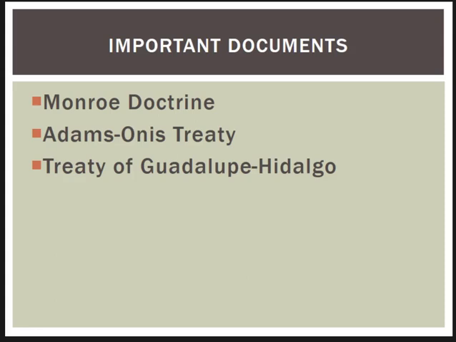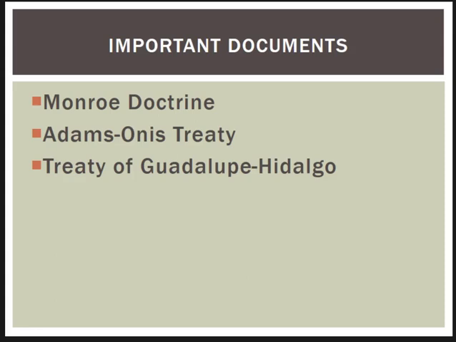Basically, the Monroe Doctrine is our promise to Europe that if they will refrain from messing around in the affairs of North and South America, the Western Hemisphere, that we would refrain from messing around in the affairs of the Eastern Hemisphere, and that we would not oppose them in anything that they wanted to do as long as they stayed on their half of the world.